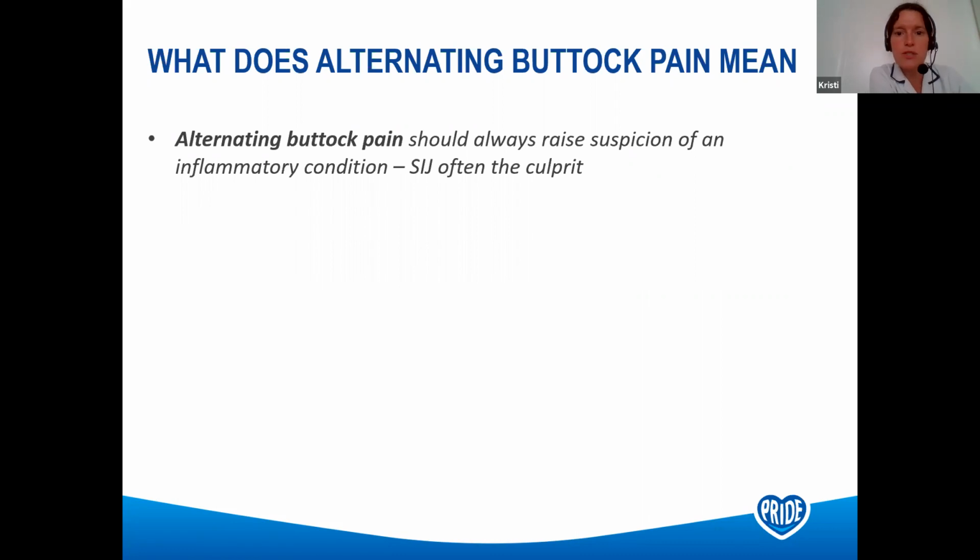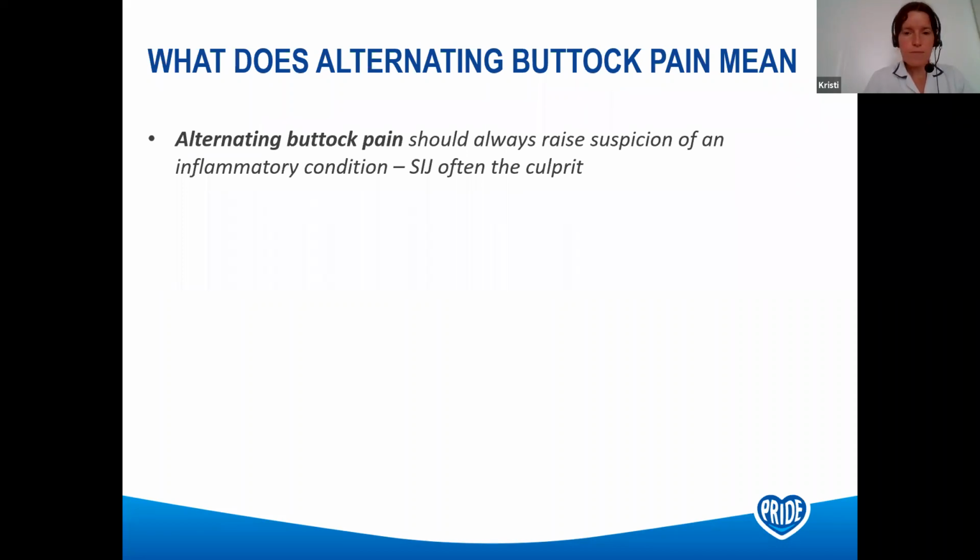Alternating buttock pain should always raise a suspicion of inflammatory condition. And your SIJ is often your culprit. This moving pain for me always raises the question of, well, if it's not one specific joint, ligament, or tendon that's a problem, why is it moving around? Is this inflammatory? They're just little thought bubbles.